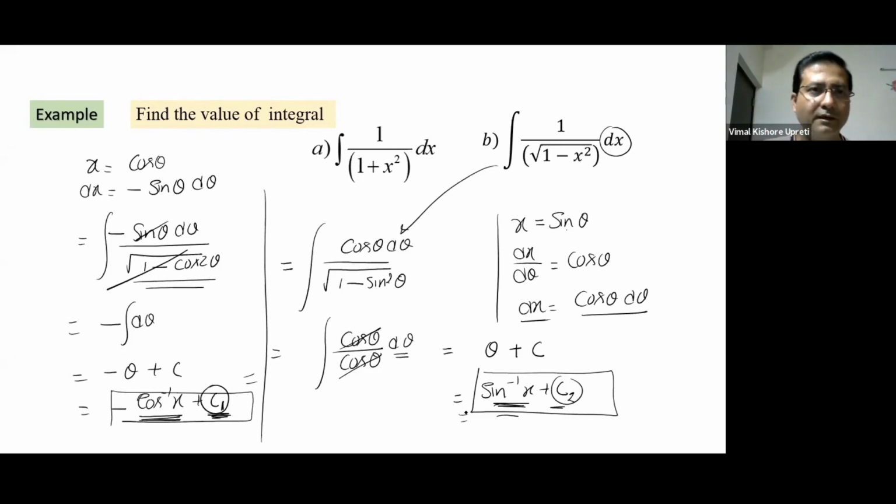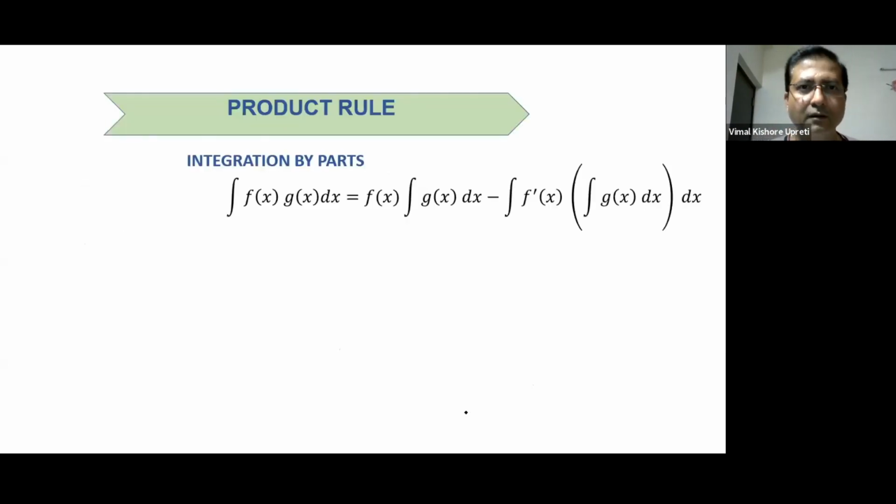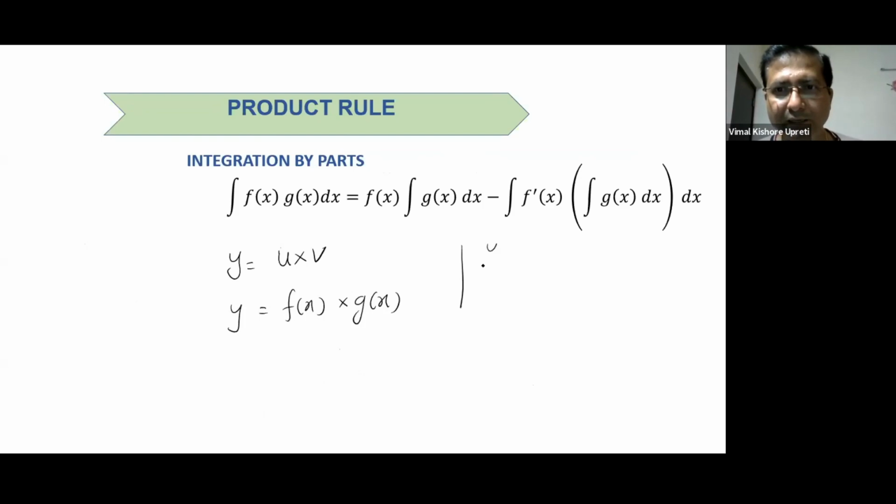Okay, now let's learn one more point. If I ask how to differentiate u into v function, or I write f(x) into g(x) function, or I say y is equal to e to the power x into sin x, how to differentiate?